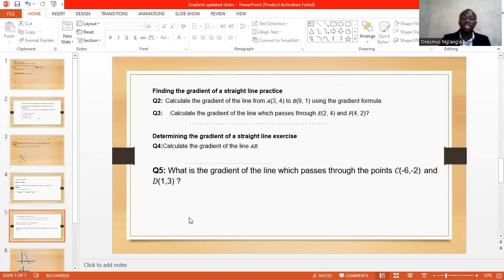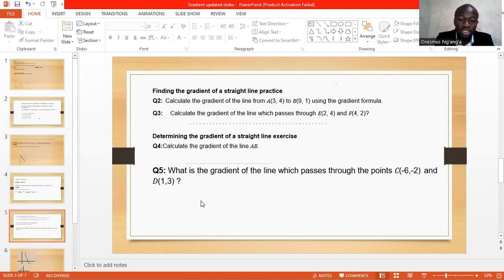So here are some practice questions for you. It reads, find the gradient of a straight line. Calculate the gradient of the line from point A, that is 3, 4, to B, 9, 1, using the gradient formula. Another question, calculate the gradient of the line which passes through E, that is 2, 4, and F, that is 4, 2.